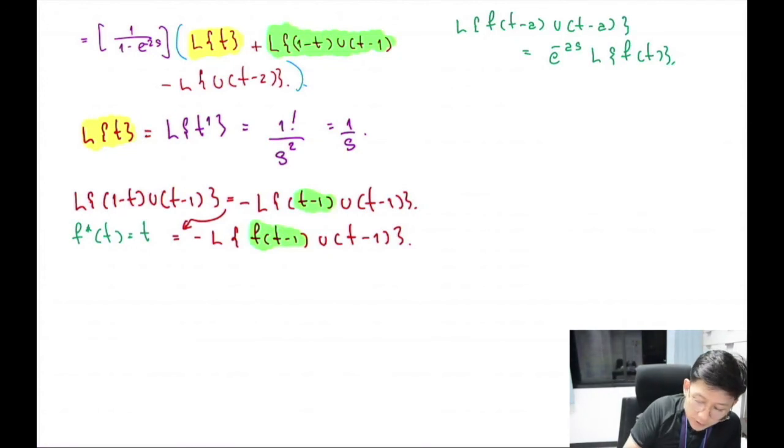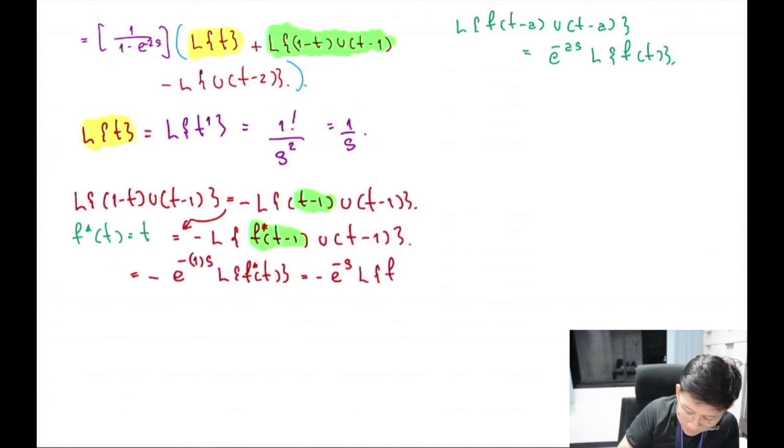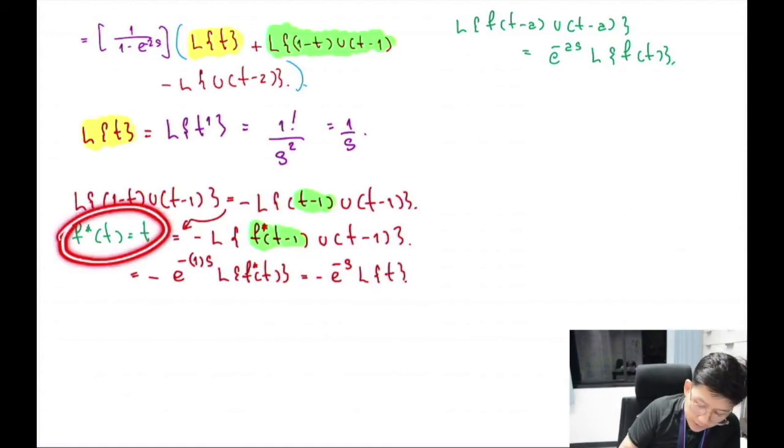So here it would be minus e to the minus s, since a is 1, times the Laplace transform of f star (t), and that is going to be the Laplace transform of t, right? Because guys, don't forget f star (t) is t.